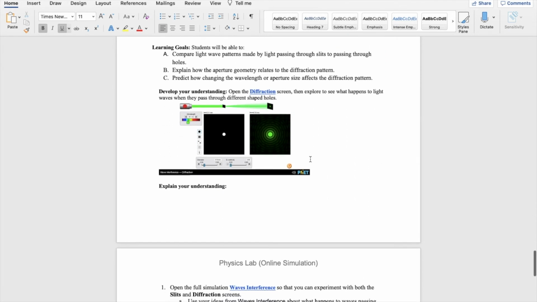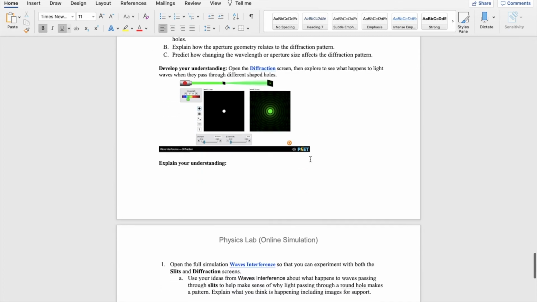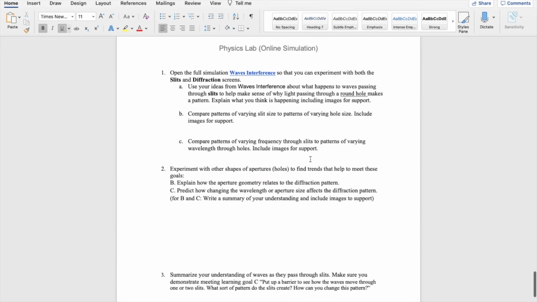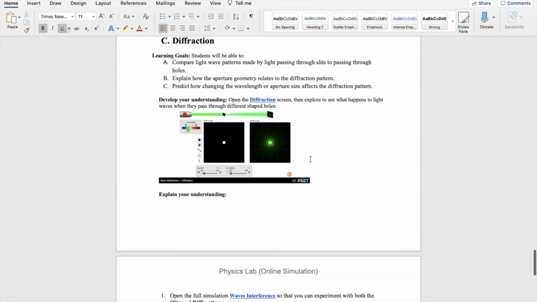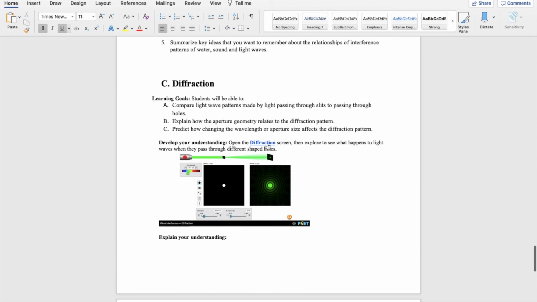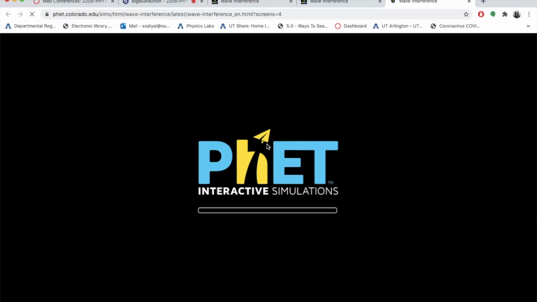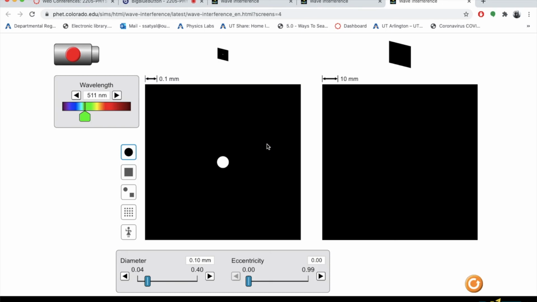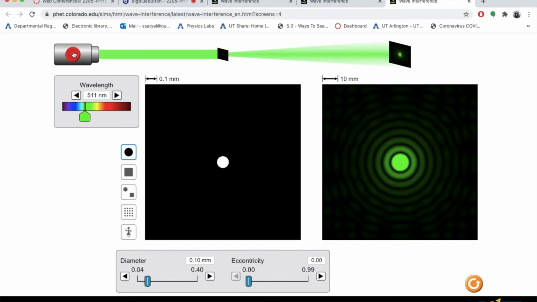And the last part is the diffraction part, and it's a short section. However, this is quite interesting. For this one, go to the diffraction link, and this is your light source here.